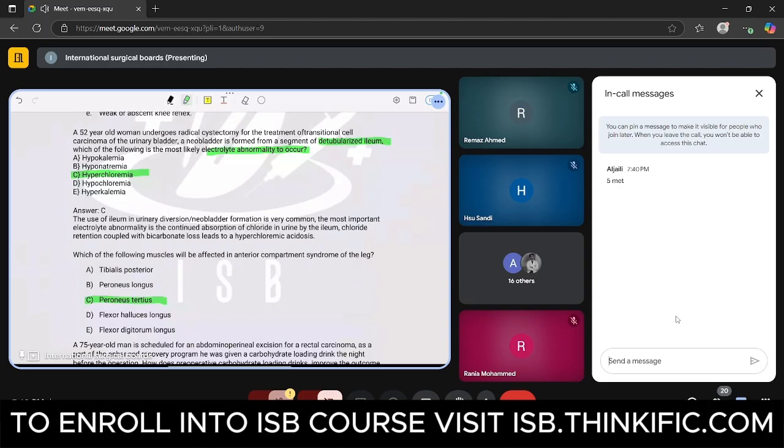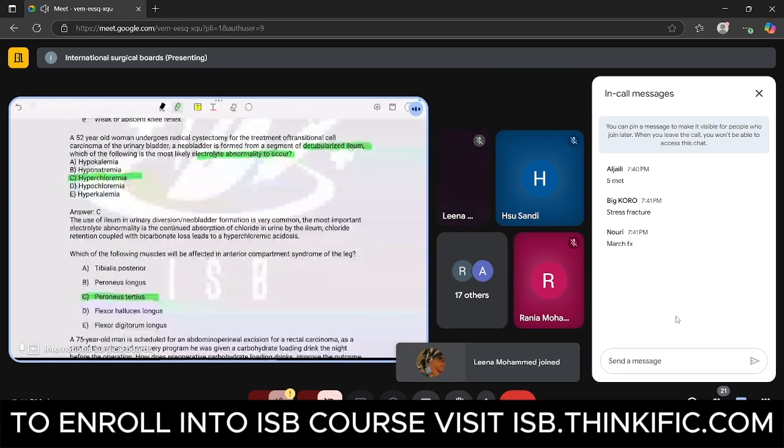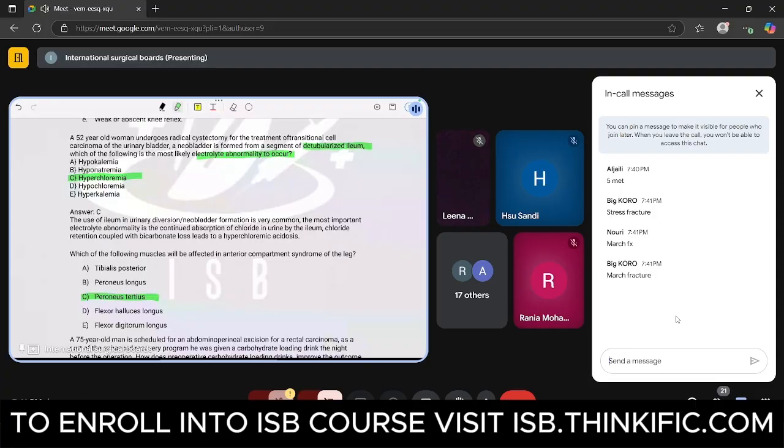Okay, so you said base of fifth metatarsal. No, a march fracture usually affects the neck of the second metatarsal. March fracture or stress fracture usually affects the neck of the second metatarsal bone, not the base of the fifth metatarsal bone. Is that right?